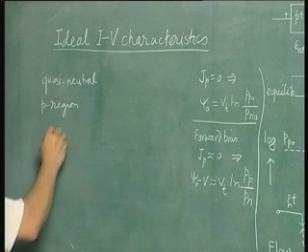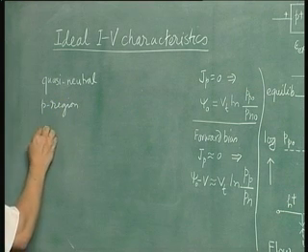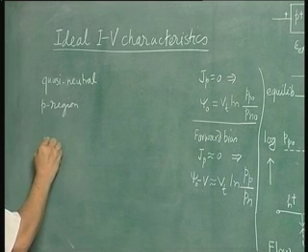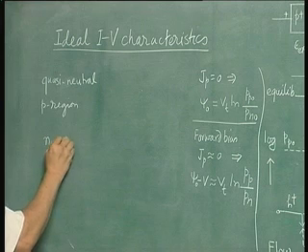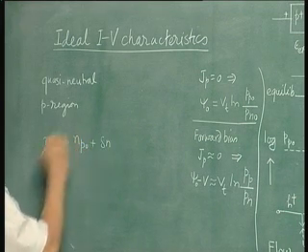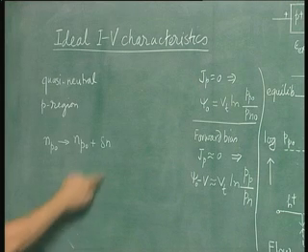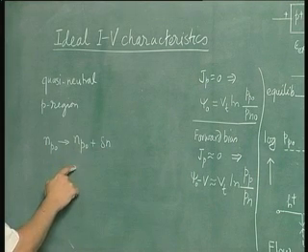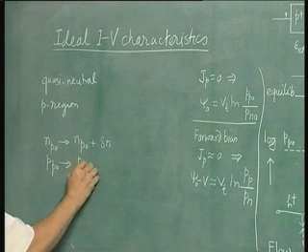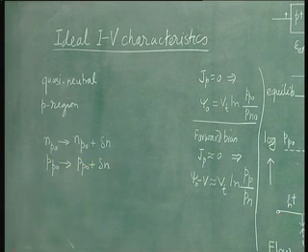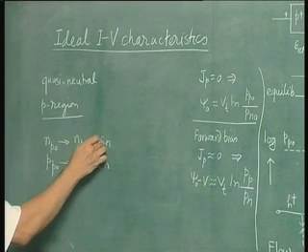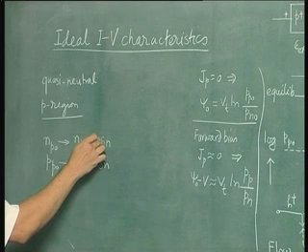So quasi neutral P region, because of injection of electrons, Np0 changes to Np0 plus delta n. To compensate for this delta n, your pp0 will also change to pp0 plus delta n. So the hole concentration is also increasing in the p region by the same concentration as injected electrons.